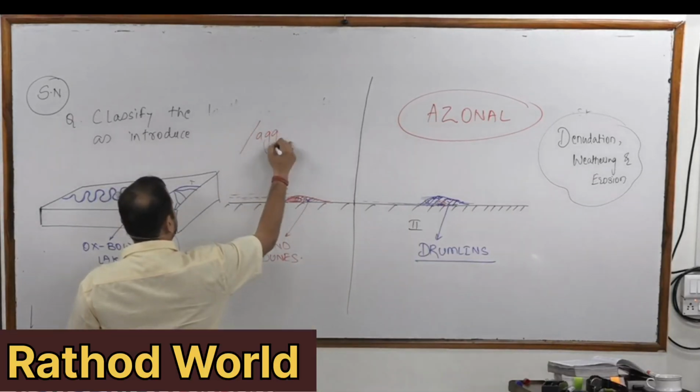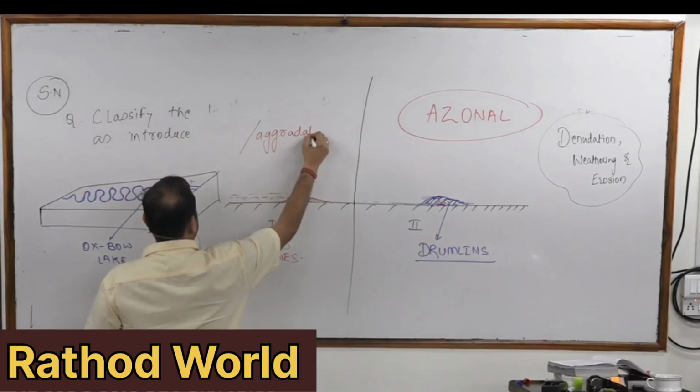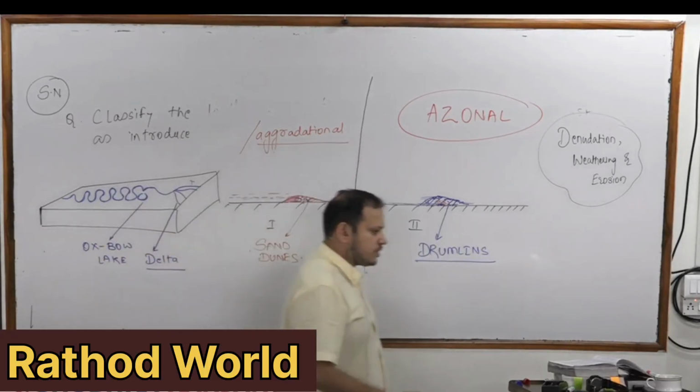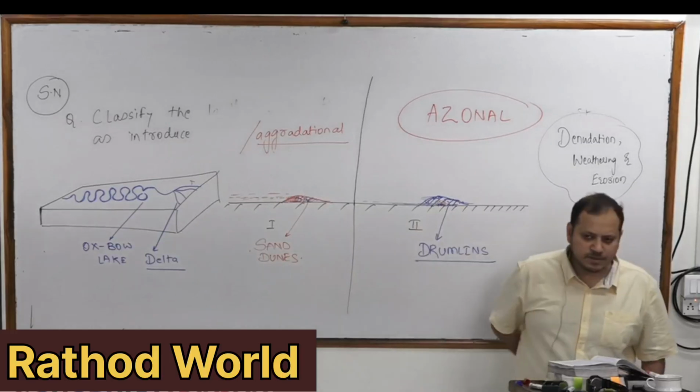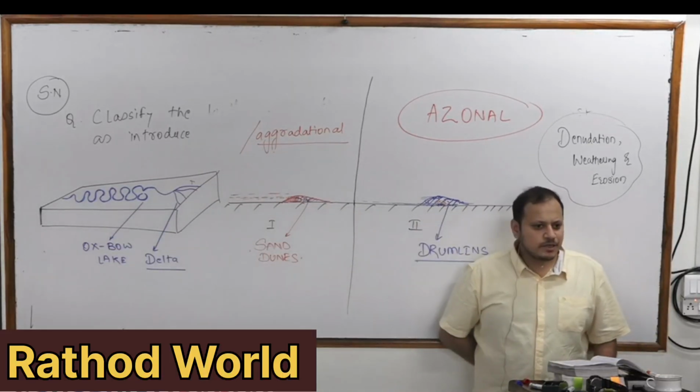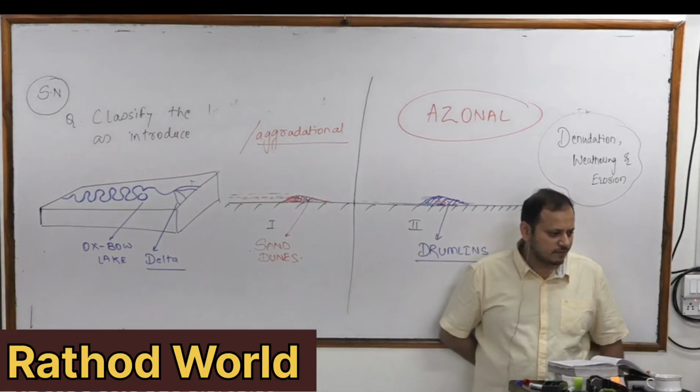I am giving all the three words. Aggradational landforms. Aggradation means collection. So layer upon layer of soil has been built up, collected, or aggradational landforms.